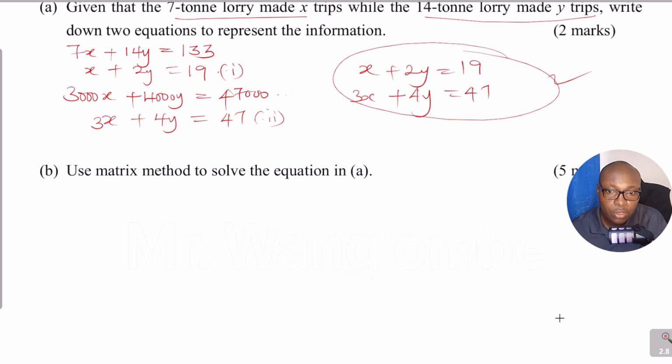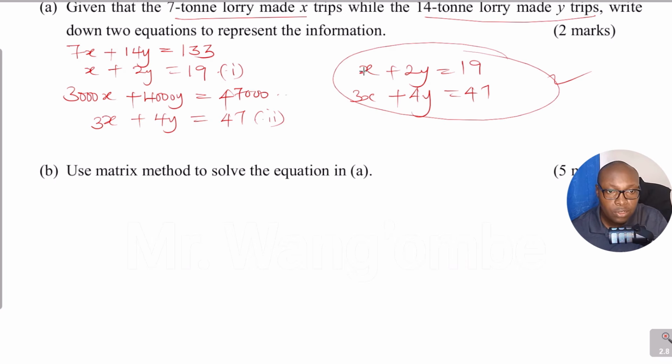Part B, use matrix method to solve the equation in A above. Using the matrix method, you're supposed to solve these. Now the first step, ensure that you have organized your equations so that the x values are corresponding and the y values are corresponding. Then you pick the coefficients of x and y.